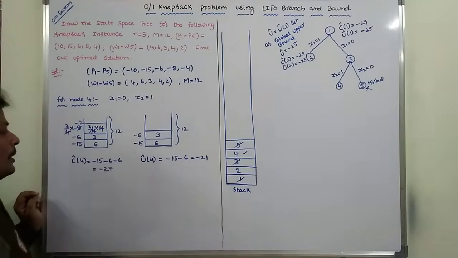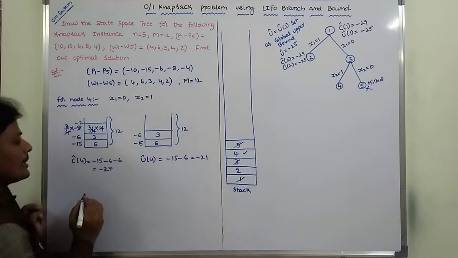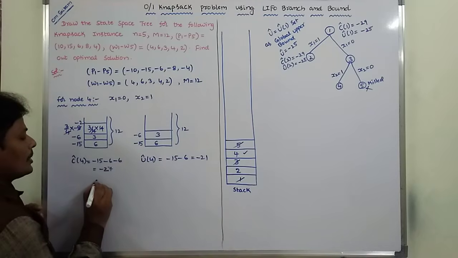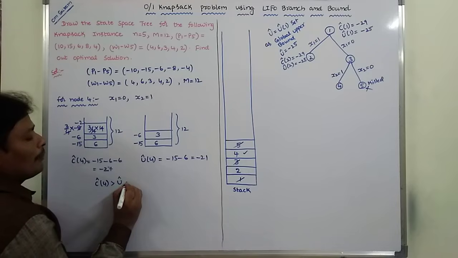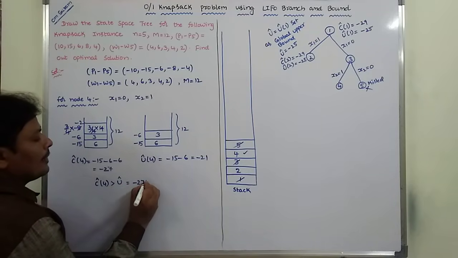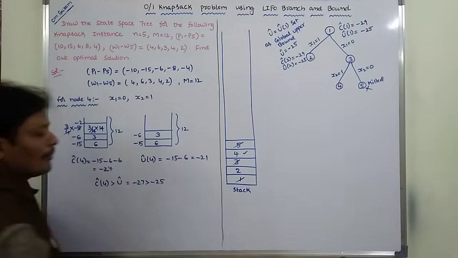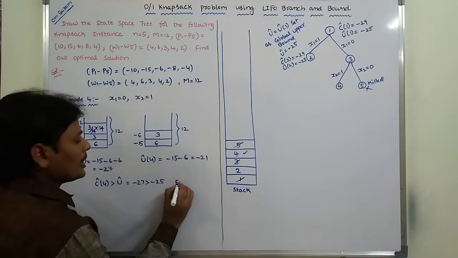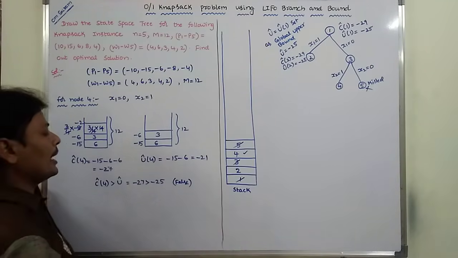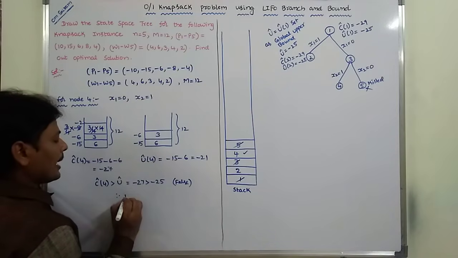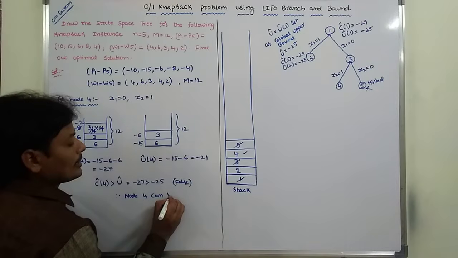Now, can node 4 be extended or not? Its C cap value: C cap of 4 is greater than global upper bound. That is minus 27 greater than minus 25, where the global upper bound value is minus 25. So minus 27 greater than minus 25 is false. So node 4 can be extended.